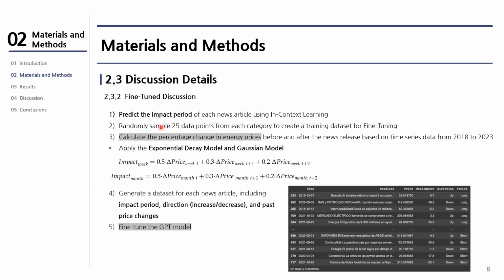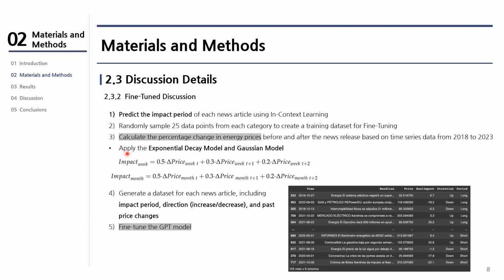Next is the fine-tuning experiment. First, we predict the impact period of each news article using in-context learning. Then we randomly sample 25 data points from each category to create a training dataset for fine-tuning. Next, we calculate the percentage change in energy price before and after the news release based on time series data from 2018 to 2023.